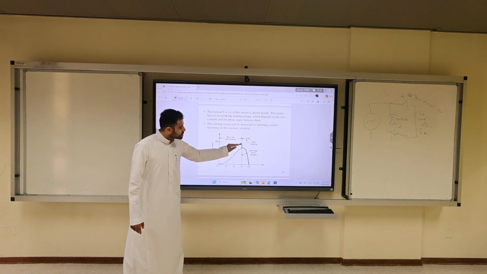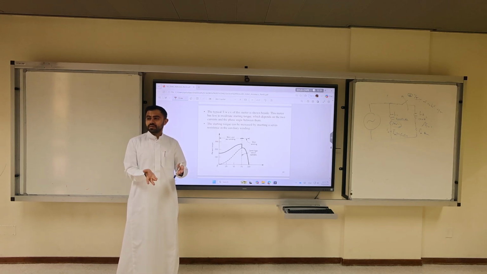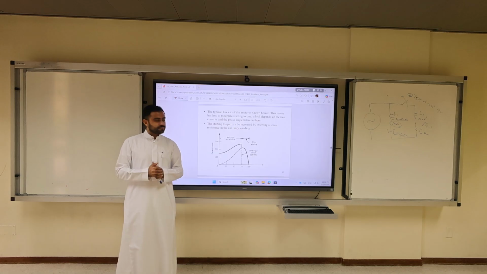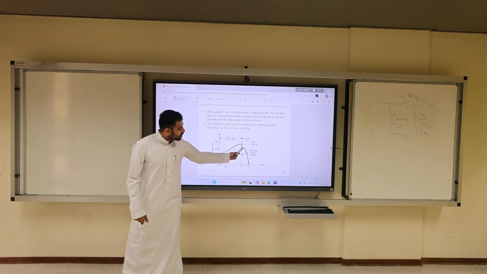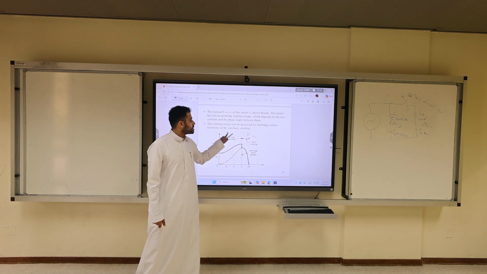After the 75%, you suddenly drop the torque, because you're getting rid of your auxiliary winding. Does it make sense? If I get rid of my auxiliary winding, my torque will be smaller. It is effectively reducing your supply. Then I'm going to have my own speed curve using the main. So for running operation, this is run, this is start.